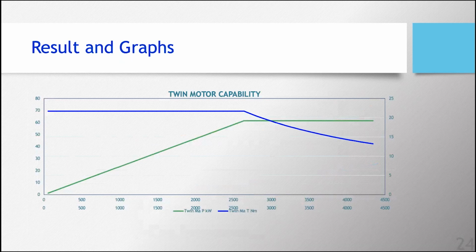And this has been calculated in our lab using the motors. We connected two motors and measured the torque output and the RPM output at the rated power. So this graph is achieved by experimental procedures.